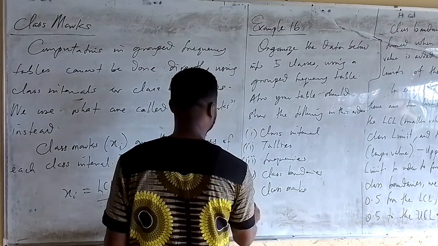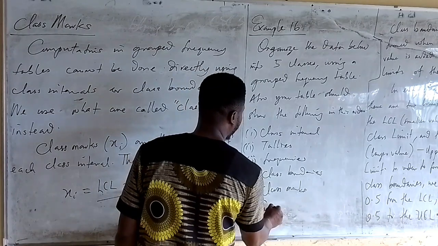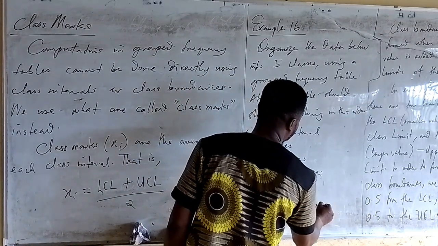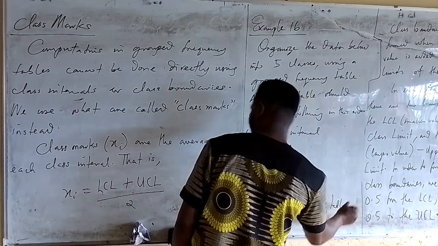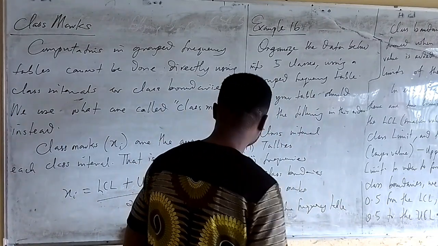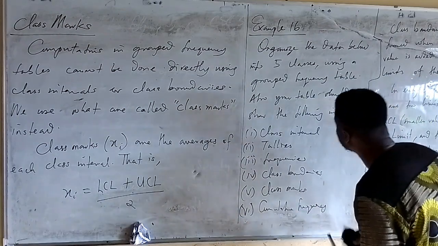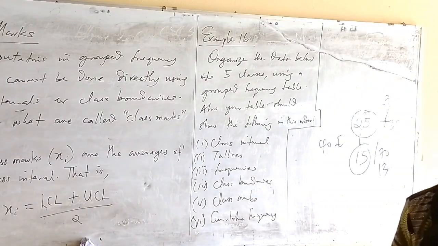And then 6, cumulative frequency. Cumulative frequency table, sorry. Cumulative frequency. Thank you very much. Let me stop there.